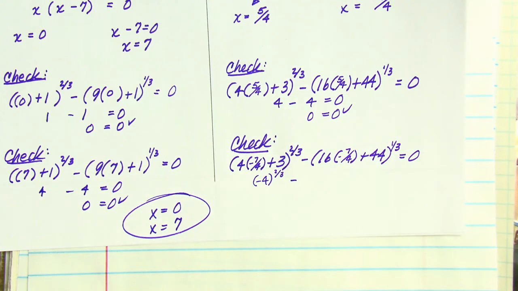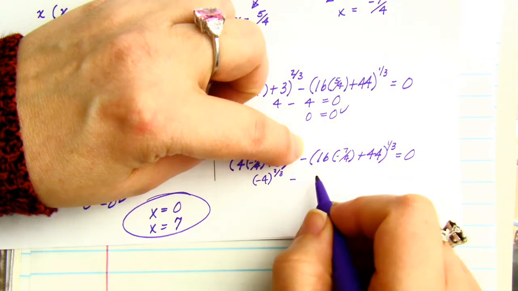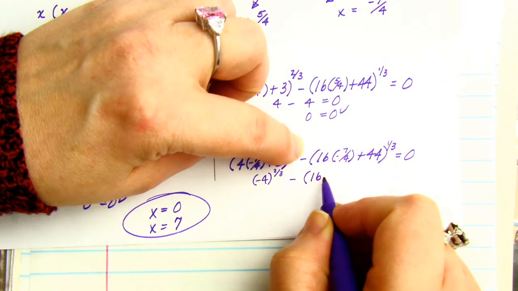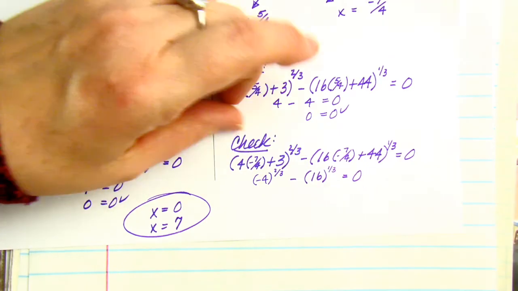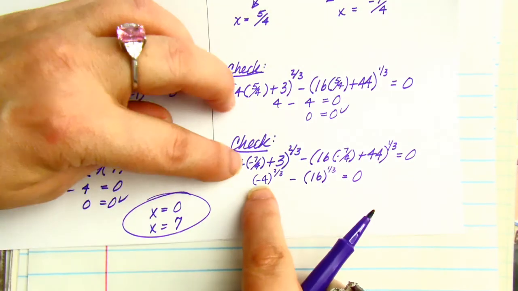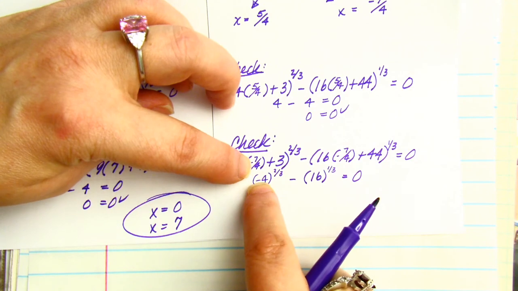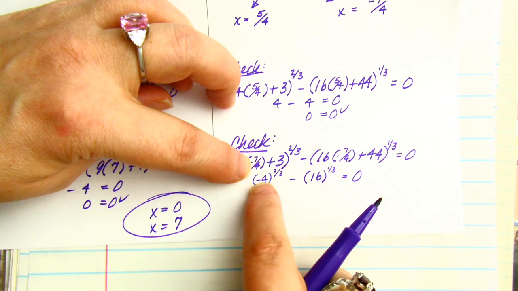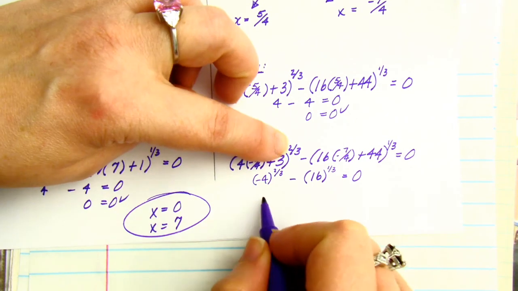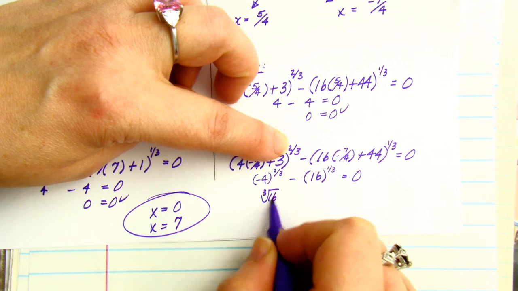Plus 44 is 16. So this is the cube root of 16. Well, look at what I have here. Negative 4 squared is 16. This is the cube root of 16. And so is this.